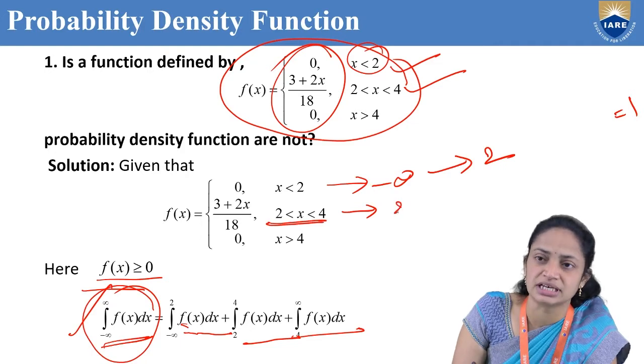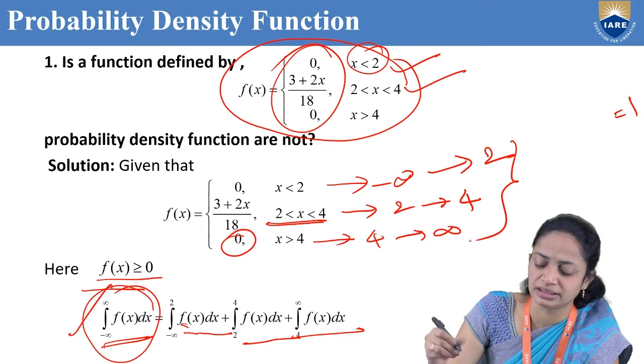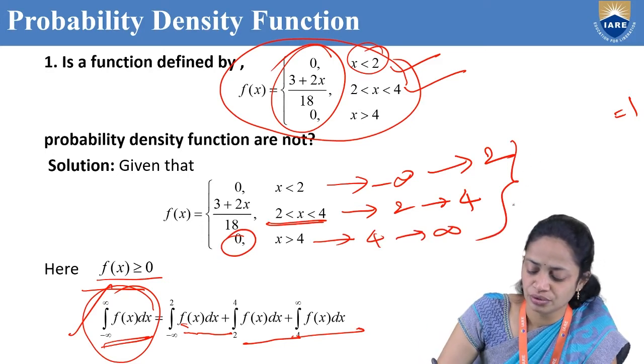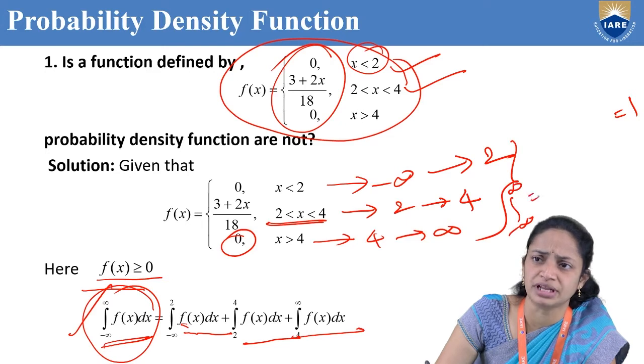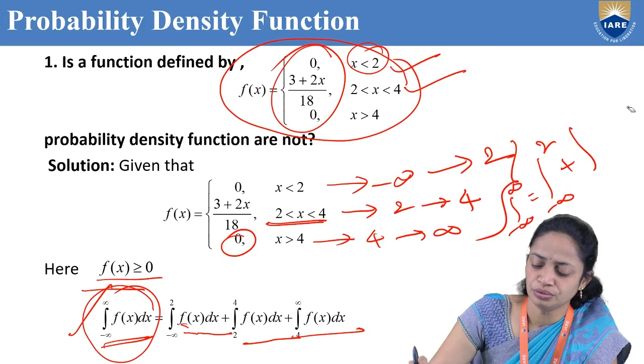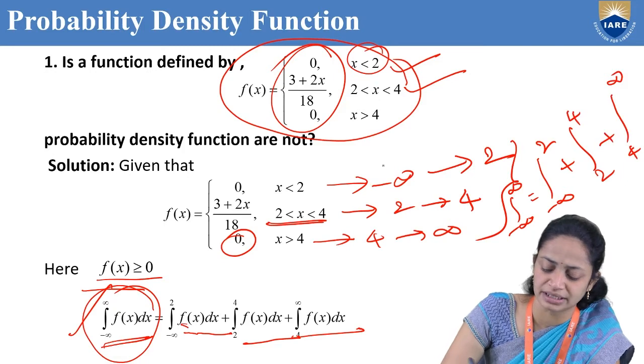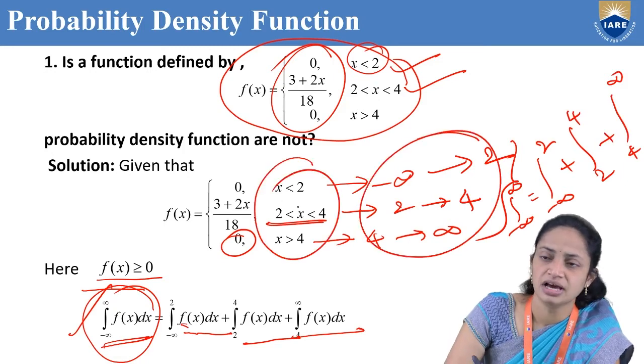And f of x equal to 0 where 4 to infinity. So we have to split the limits: integration over minus infinity to infinity can be written as minus infinity to 2 plus 2 to 4 plus 4 to infinity. We have to split the limits based on our question.